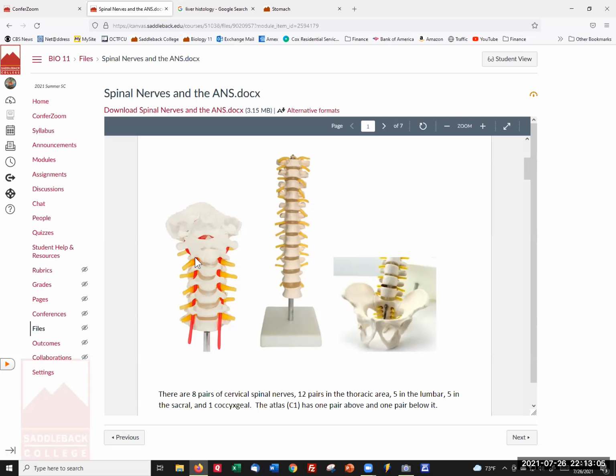All of these yellow structures are mixed. That means you have afferent pathways and efferent pathways in and out. The total number of spinal nerves is 31 pairs: 8 pairs here, 12 pairs here for 20, 5 and 5 for 30, and that one coccygeal for 31.